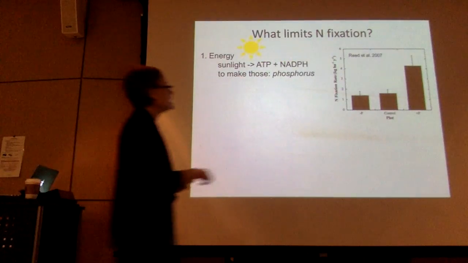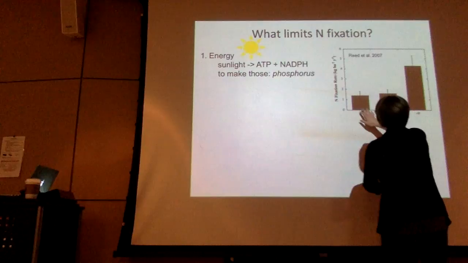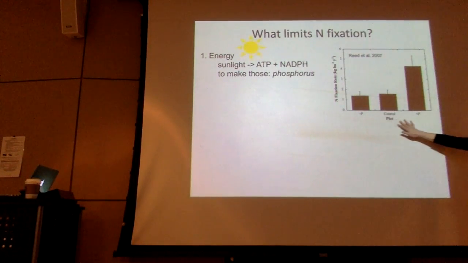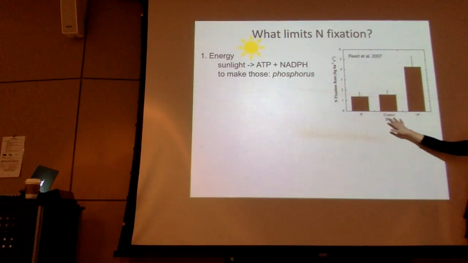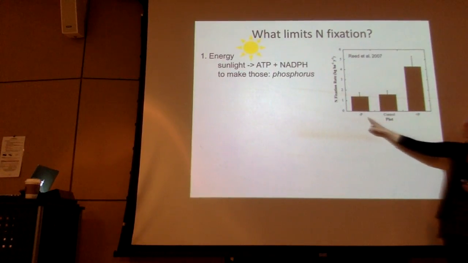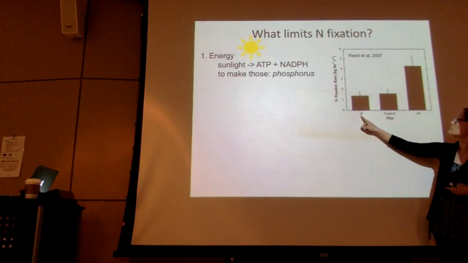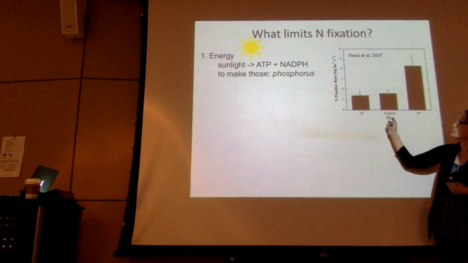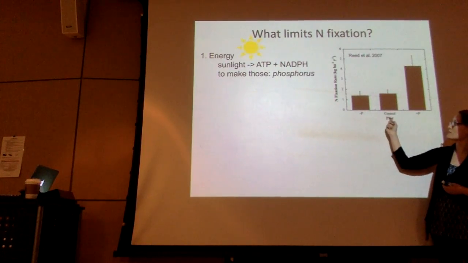Okay? In Reed et al. 2007, they did a study on nitrogen fixation rate, and they studied how the presence of additional phosphorus, no additional phosphorus, or removing a little bit of phosphorus, what effect that had on nitrogen fixation. There was no significant difference between removing phosphorus and having the control.